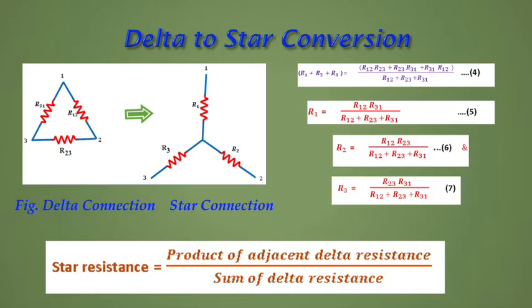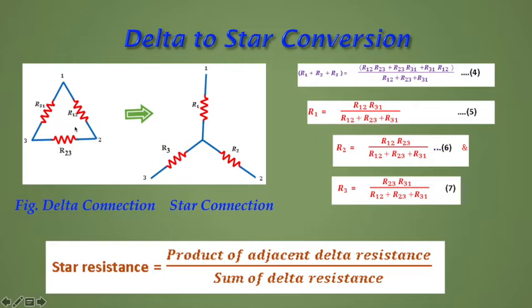Delta to star conversion. Adding equations 1, 2, 3, we get equation 4. Then subtracting equation 2 from equation 4, we get R1 equal to this value. This is equation 5. Similarly, we get R2 equal to this and R3 equal to this. That means R1, R2, R3 are the star connected resistors.